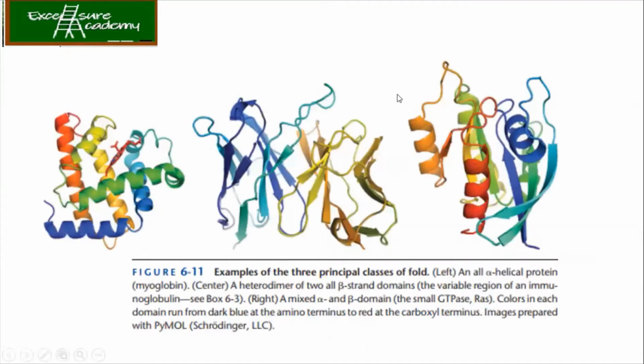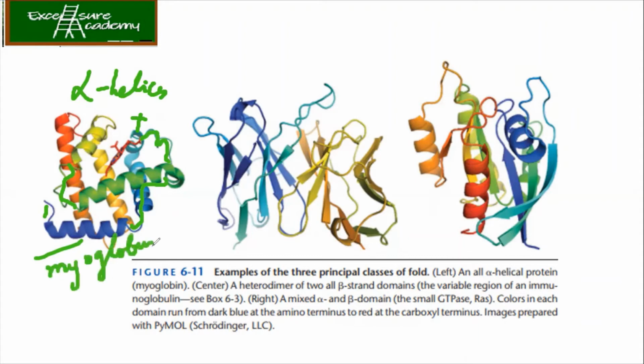Now, look at this classification. In the first example, you can see it is all alpha helices, plus turns connecting the alpha helices, right? So this is all alpha helices. The example is myoglobin. Now, the second one, what do you see? This is all beta strands.